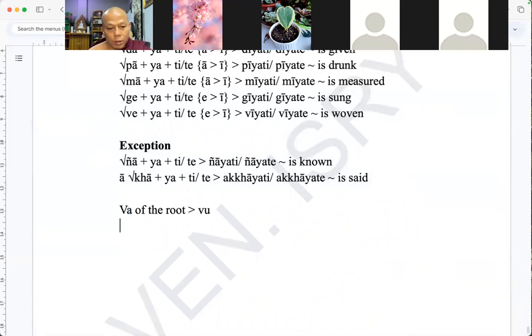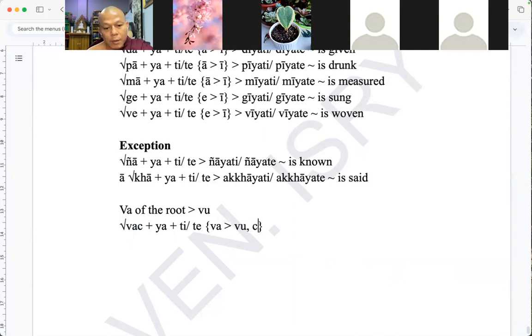For example, root watch, and then passive voice suffix ya, and then D. This vowel changes, and now one more step: what is changed to who, or maybe also changed to who.